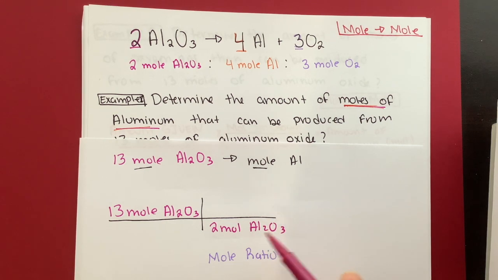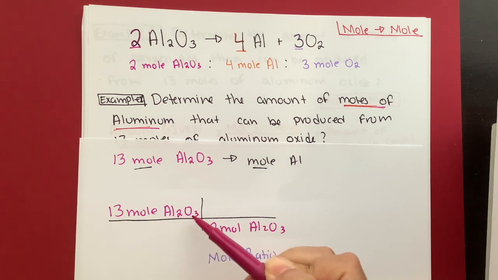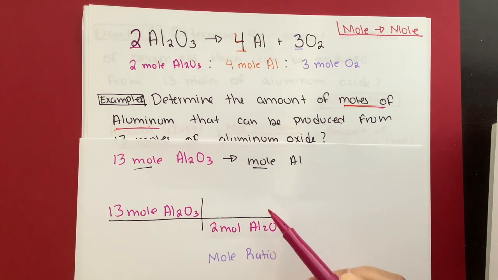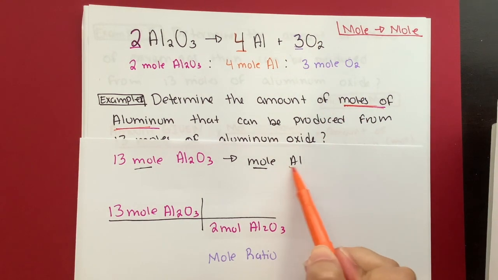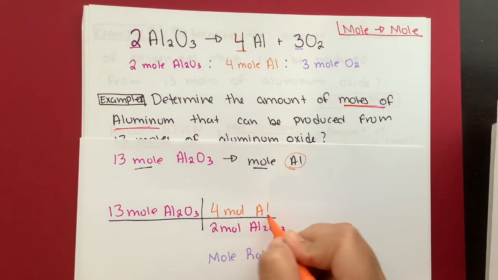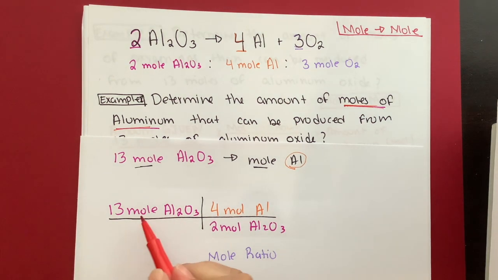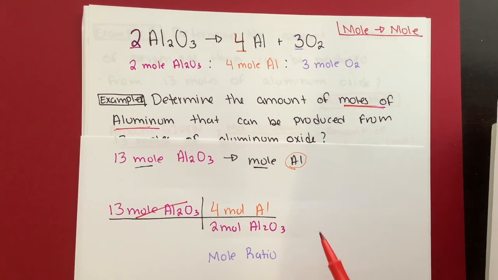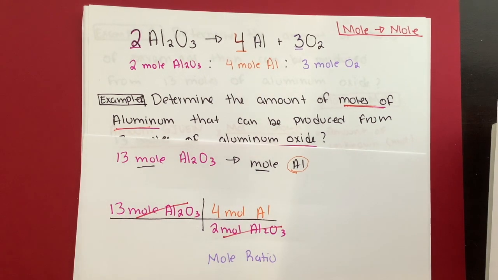The reason that we want 2 moles of aluminum oxide in the bottom is so the moles of aluminum oxide and moles of aluminum oxide cancel each other out. In the top of this mole ratio, since the question is asking us about aluminum, we're going to put 4 moles of aluminum. Okay, like this, like I said before, moles of aluminum oxide and moles of aluminum oxide cancel each other out.